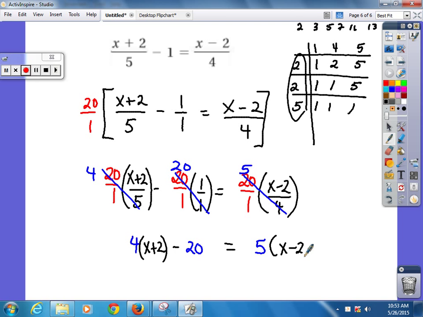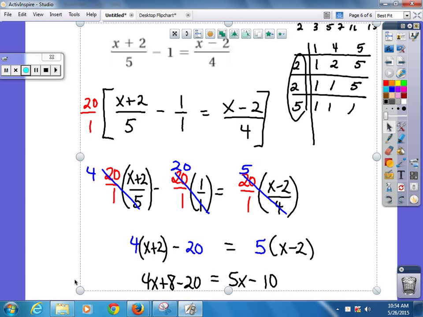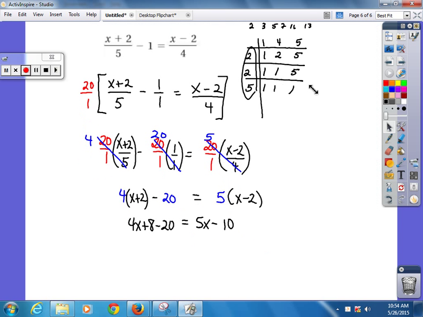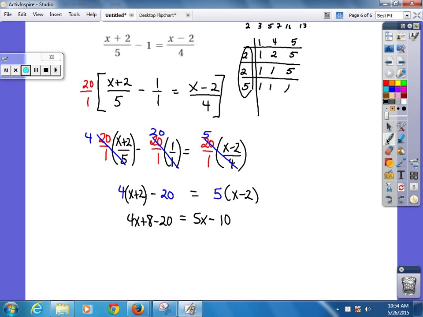x minus 2. 4x plus 8 minus 20 is equal to 5x minus 10. 4x minus 12 is equal to 5x minus 10. 4x comes over.